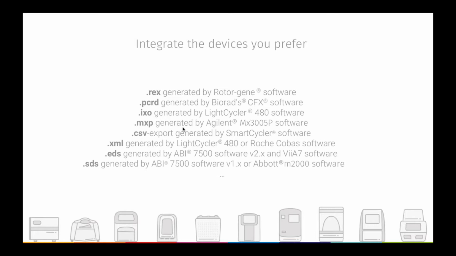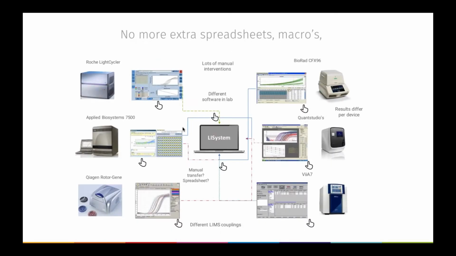We can do the ABI 7500, the VIA 7, and we can do the Abbott M2000, and we have more PCR platforms in the pipeline. So we're constantly building new integrations with more PCR platforms to support all of our users.